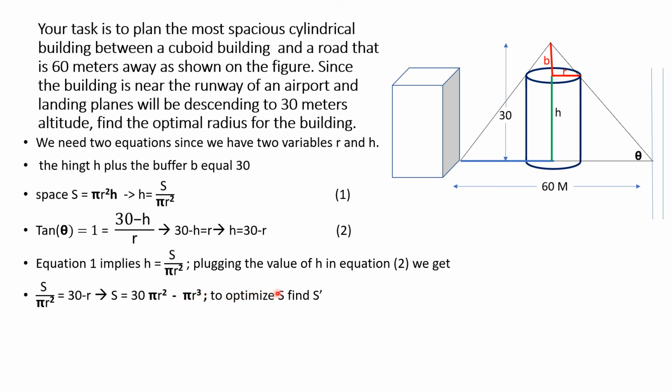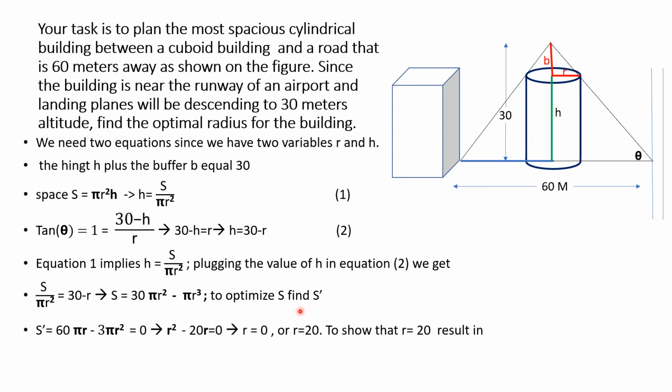Now to optimize the space in the building, we first have to get the derivative of S. The derivative of S is going to be 60 pi r minus 3 pi r squared. If we set it equal to 0 to find the critical points, we'll find that r squared minus 20r equals 0. So r is equal to 0 or r is equal to 20.